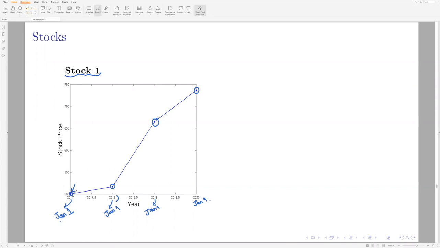For instance, if you have put money on the 1st of January 2017, in 1 year, you would have got 3.2% return. That is because if you bought at 500 in 2017 and suppose you sold in January 2018, you would have got 516 per share, and therefore you got a return of 3.2%.